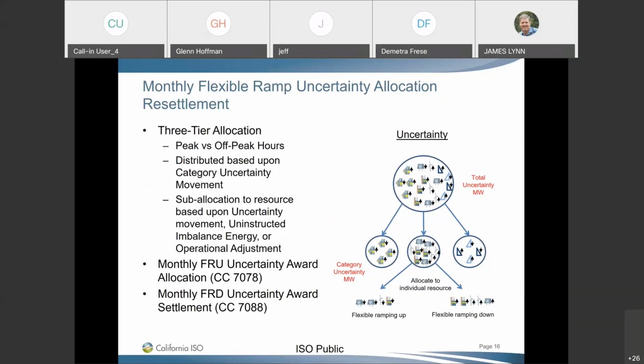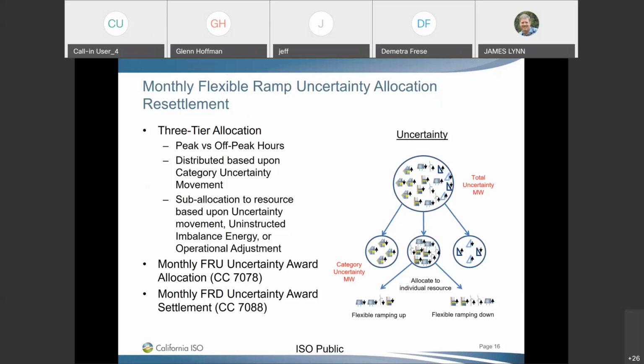Now, I didn't get into it, but there is a no pay when it comes to the uncertainty. Basically, when I'm paying you uncertainty or forecasted movement, if your resource was expected to be at a certain megawatt at T, but when your meter got there, it shows that you're actually higher or lower than the market award, then we're going to claw back a portion of that award.